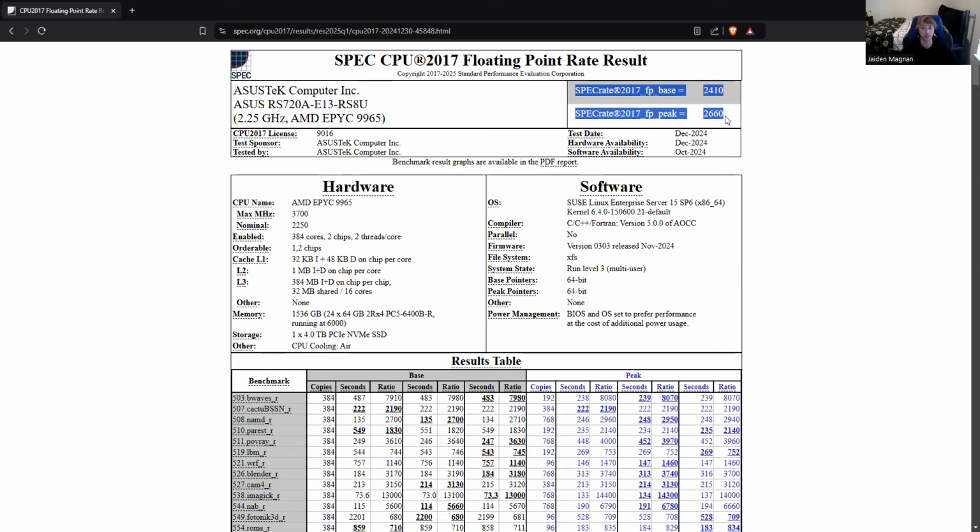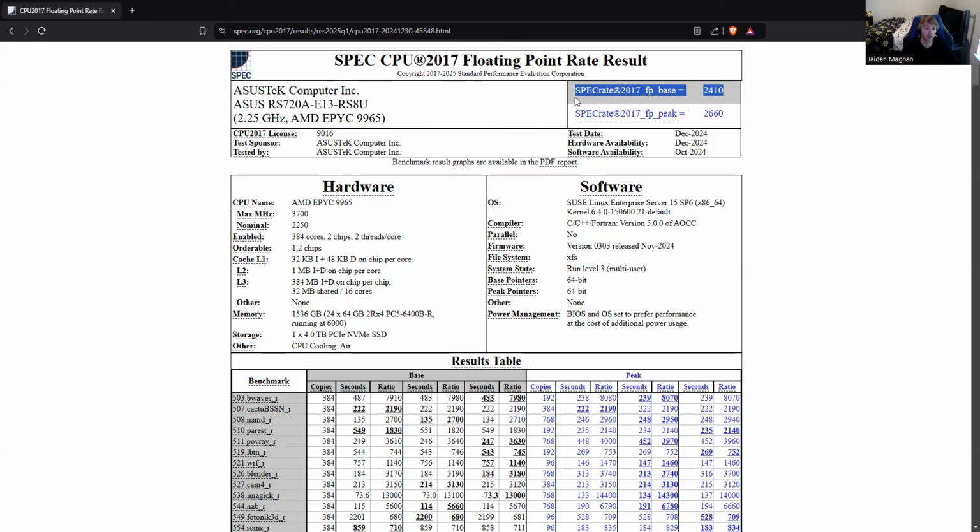What this number means is it has no units. It's a speed up of this Asus processor compared to that base processor somewhere. So what this number means is that in base performance, this processor is 2,410 times faster than the base computer.